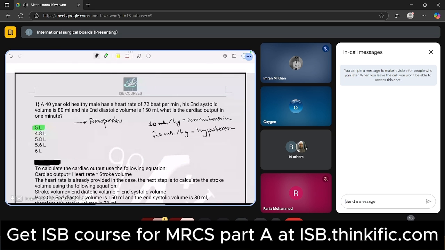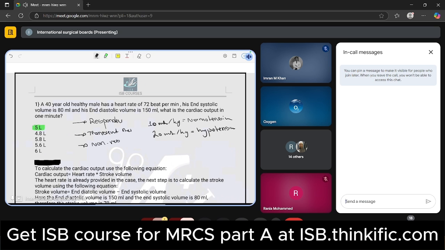Then transient responders show only a brief period of hemodynamic improvement, and then non-responders.